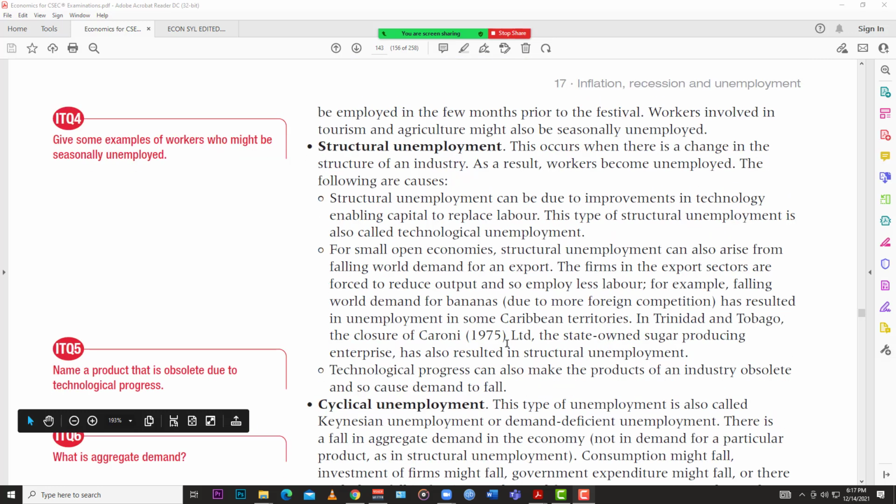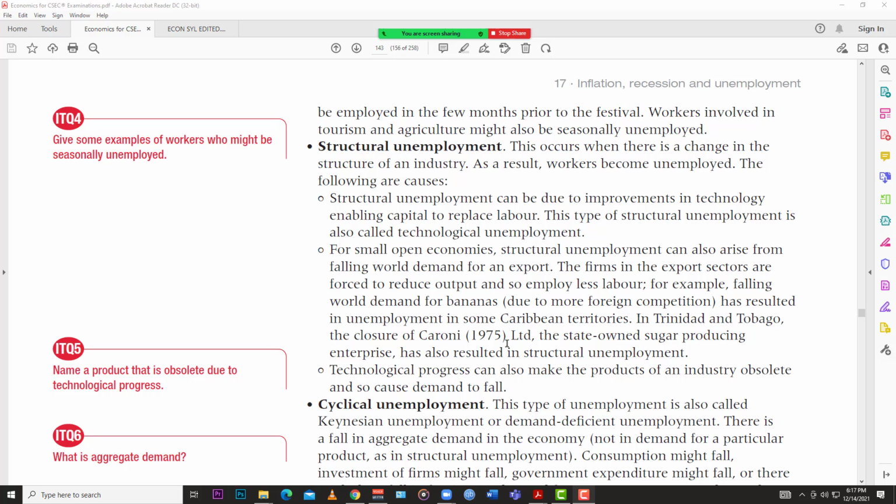Then we have structural unemployment. That is when you have a literal change in the structure of the industry. As a result, workers become unemployed. Right?